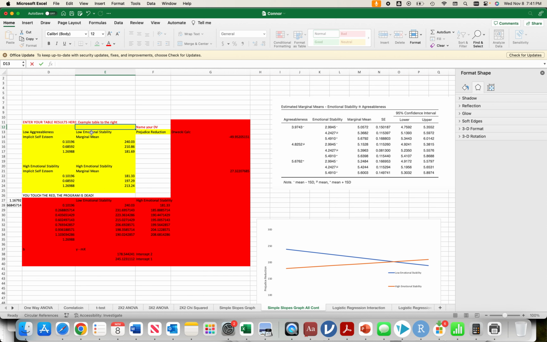And this is going to be low agreeableness. I'm just choosing this because it's first, okay? And this is high agreeableness, and high agreeableness.